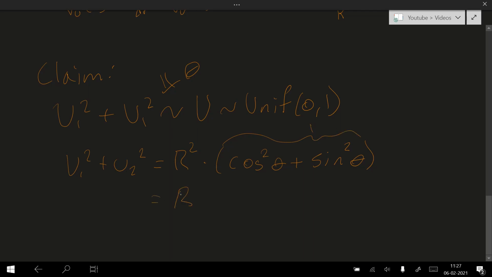So this is equal to the radius squared. But the radius squared has the same distribution as some uniform, or r has the same distribution as the square root of some uniform. So this squared has the same distribution as a uniform. So this is fine. Also, we know that r is independent of theta, which means that a function taken on r will still be independent of theta. So this claim is also correct.